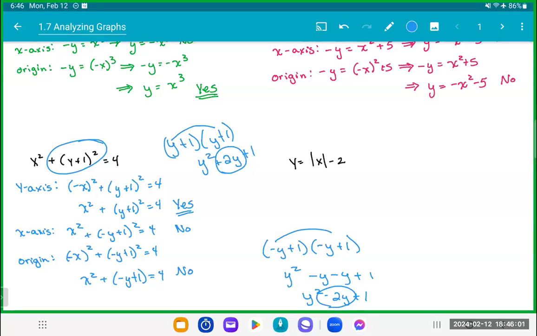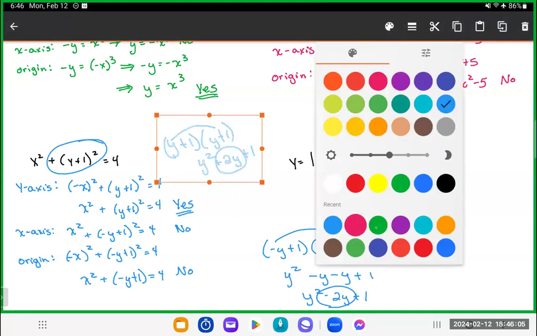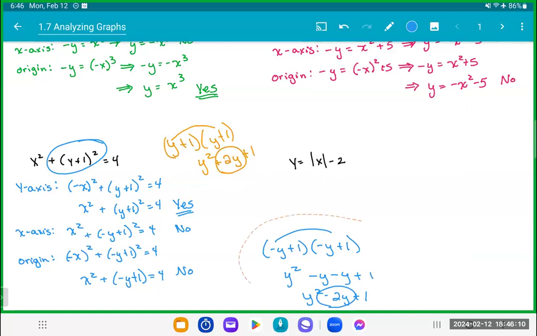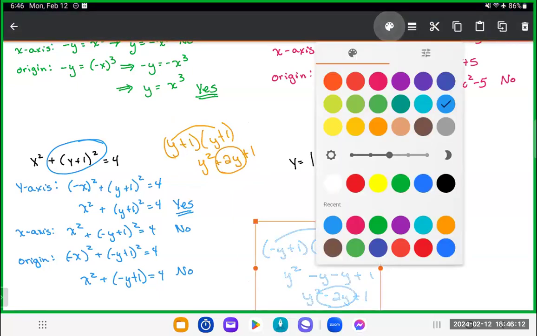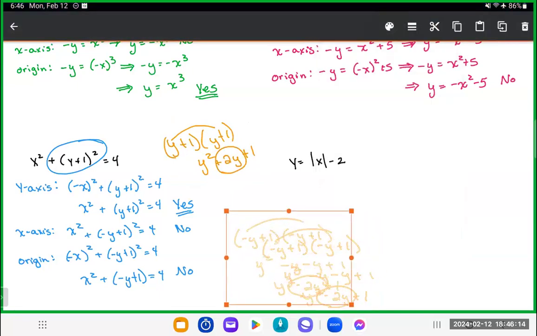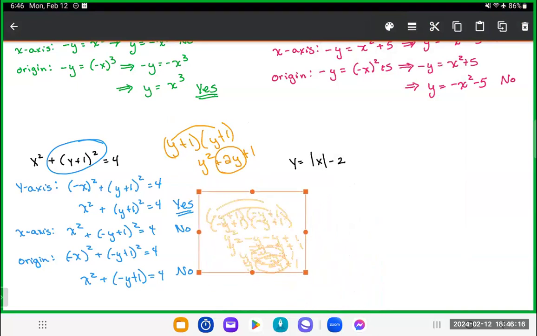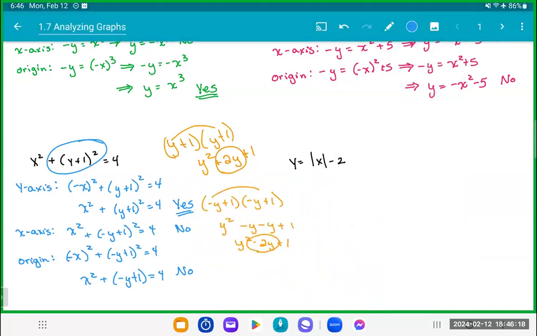Let me put this in a different color, so I can leave it here on the page, right? So you can see that. I'm going to just move it up here, okay? Oh, and this is a squared, sorry.